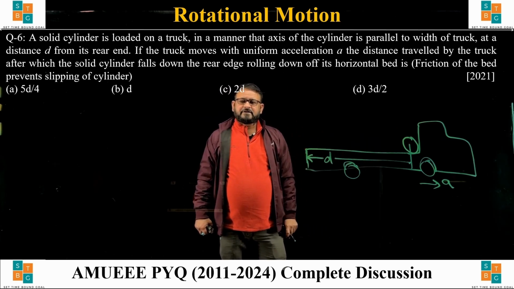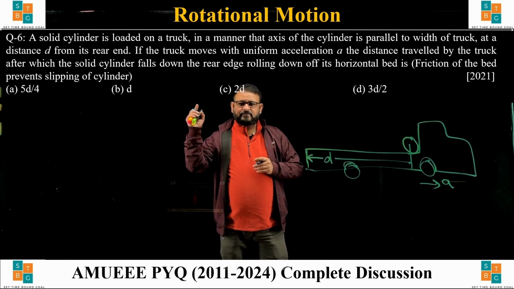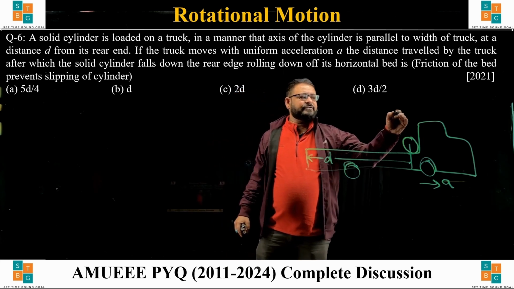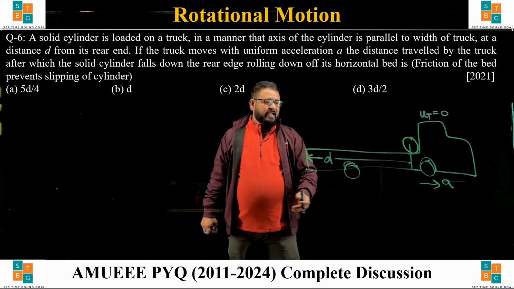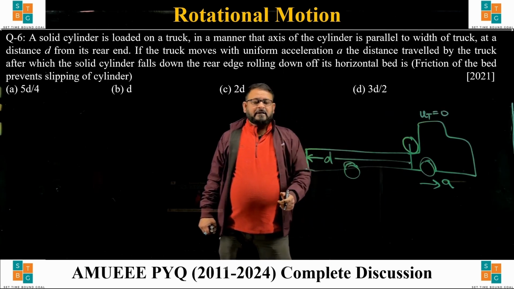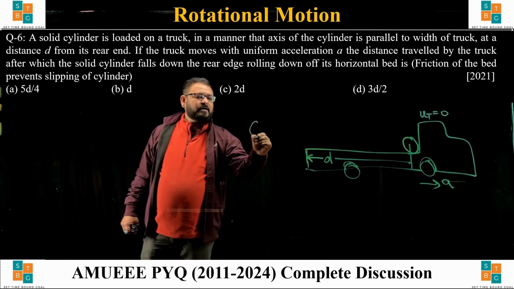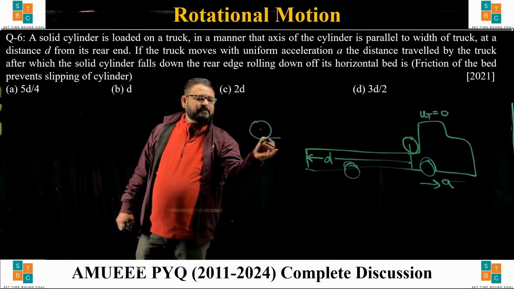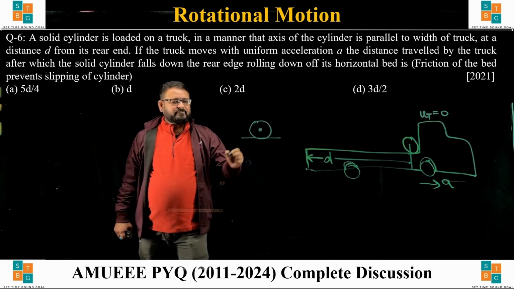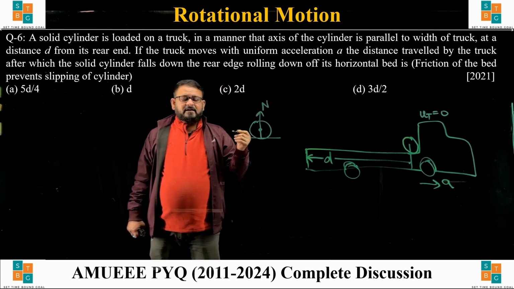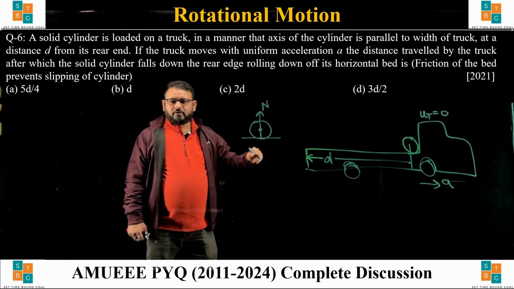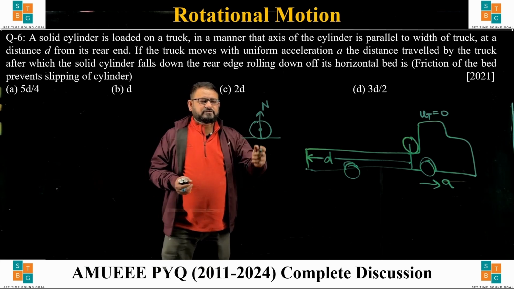Since they say the cylinder is loaded on the truck, the initial velocity of the truck u is 0 and it accelerates with a. Now let us draw the free body diagram of this cylinder. So what will happen? There will be a normal reaction.